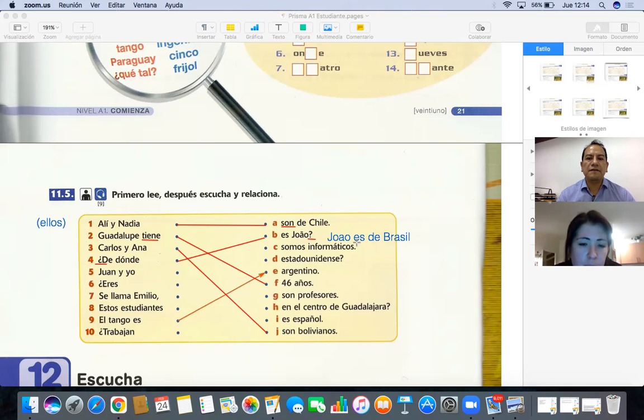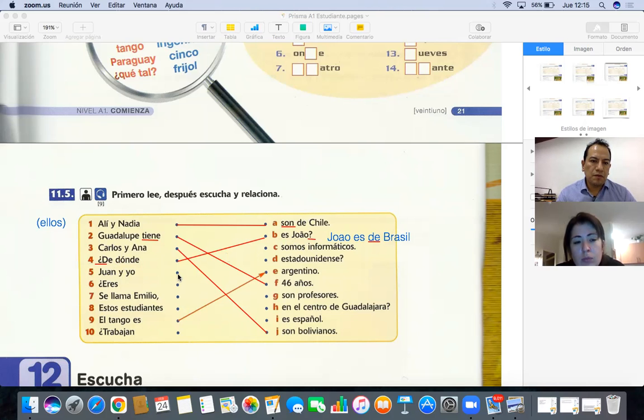It's just a different word order. Here we are saying, from where is Joao? Where is he from? This de is important. It doesn't refer to where he is standing right now, but where he is from. The point is es, Joao es. That's the verb to be, verb ser.